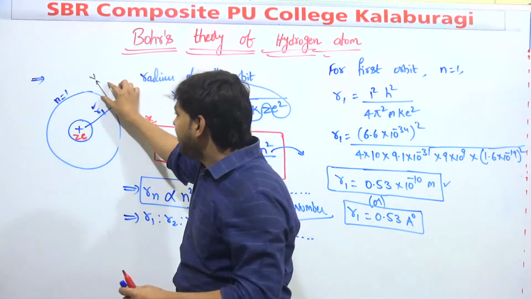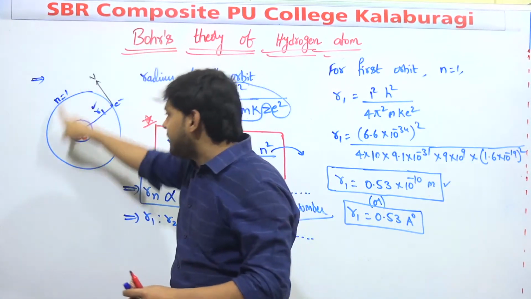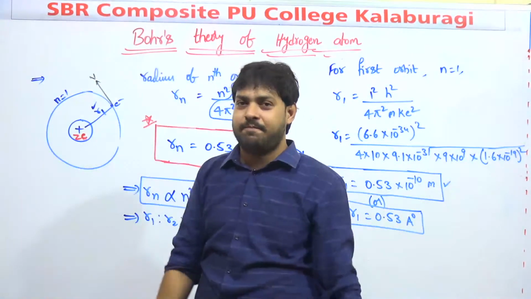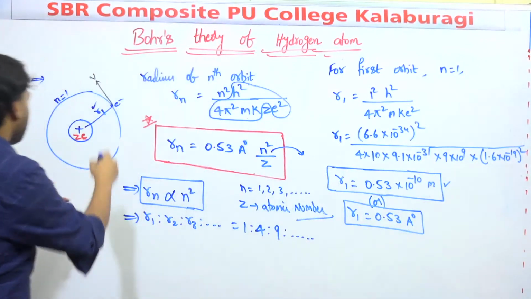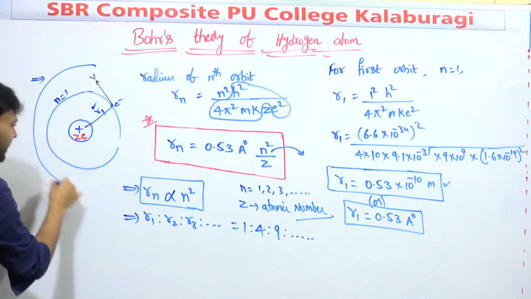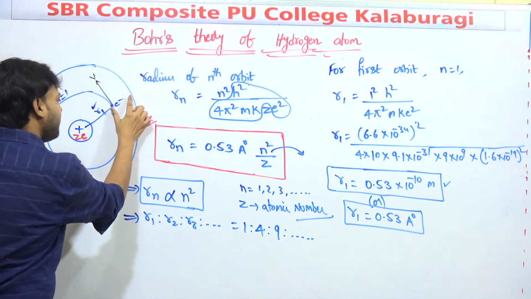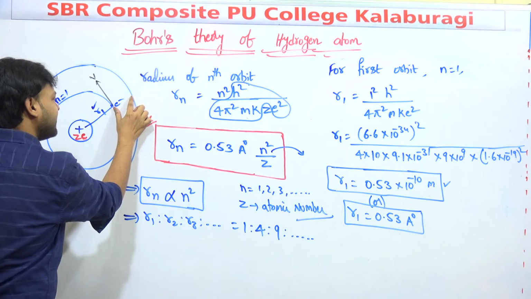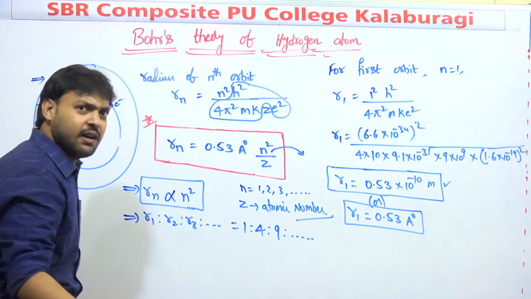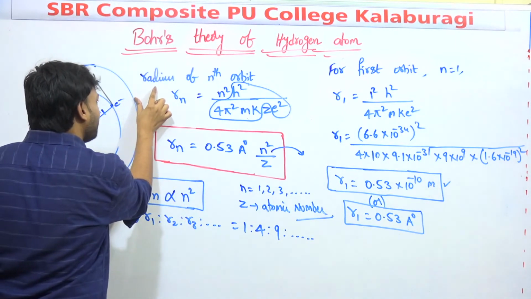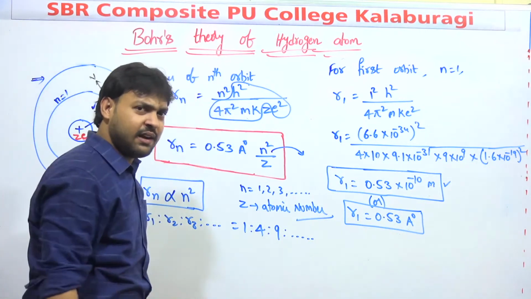The gap between the orbits is not the same. Yes or no? So the second orbit we are trying to draw like this. For example, this is R1, and the space between the first orbit and the second orbit will be different, and the space between the second orbit and the third orbit will be different.